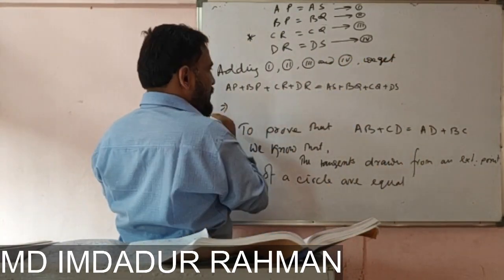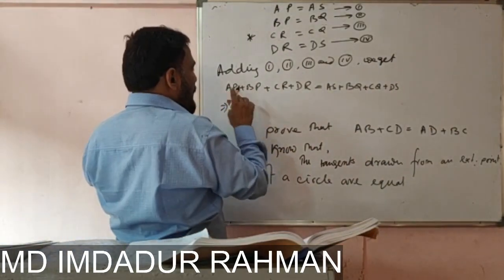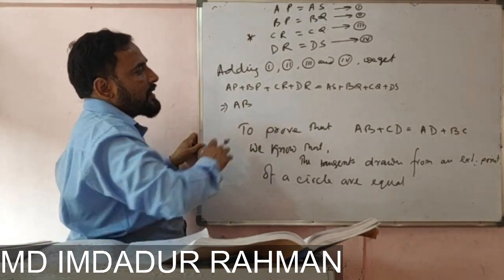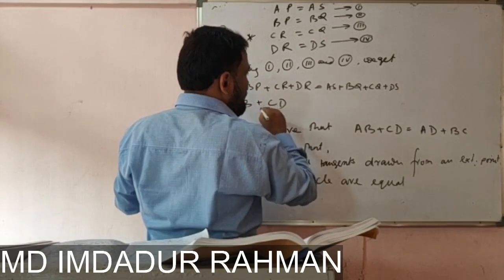If we add these, AP plus BP, we are getting AB. CR plus DR, what are we getting? CD.